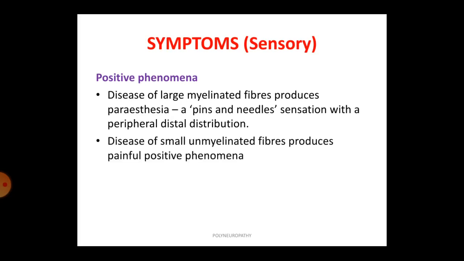Clear? Now, disease of small unmyelinated fibers gives painful positive phenomena, so any type of sensation will be perceived as pain. That is again not comfortable for your patient, and the patient will be continuously distracted by that sensation.